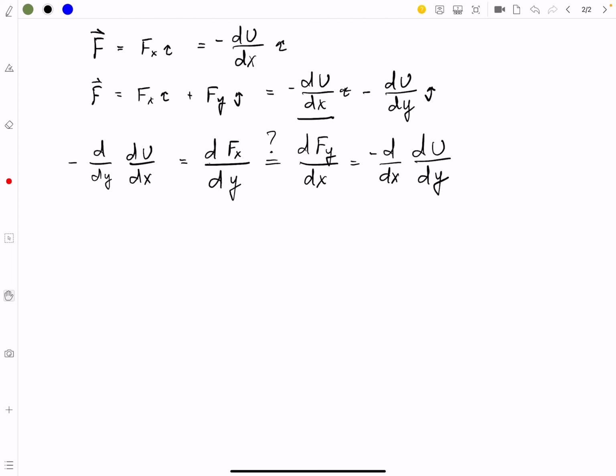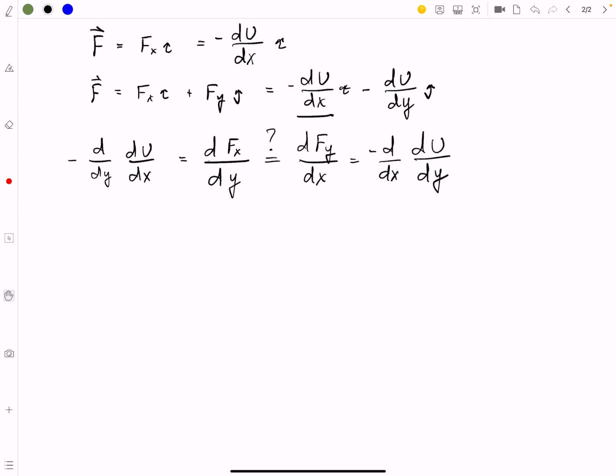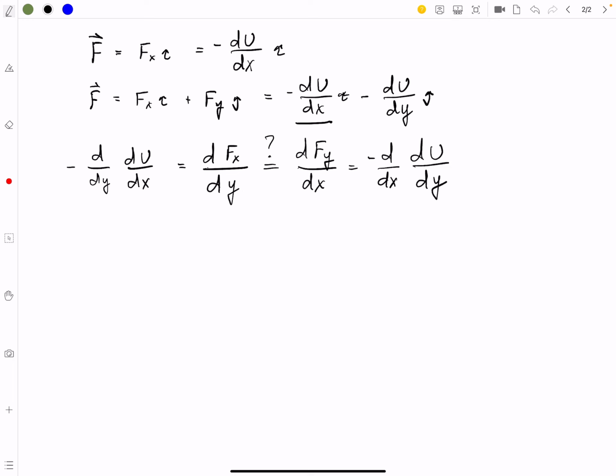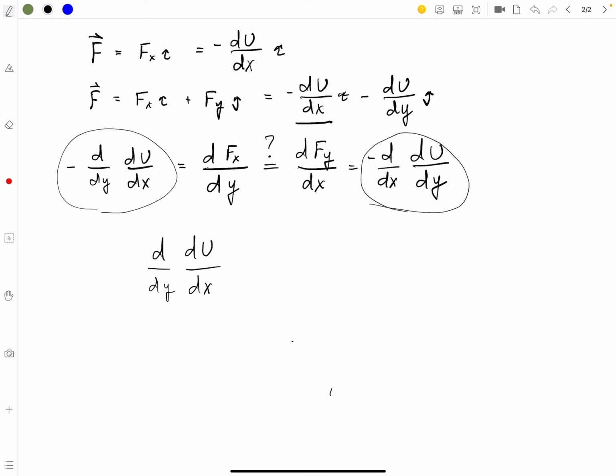Okay, so do you guys get where we're going here? This guy, this guy, and this guy should be equal. The order of differentiation shouldn't matter. So I'm going to just write them down as positive here. And the question is, are they equal?